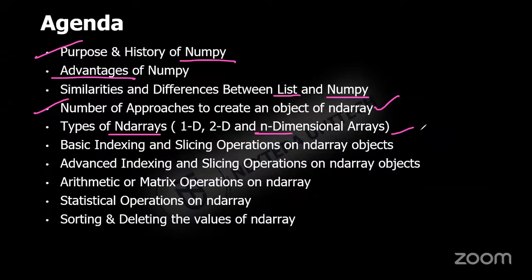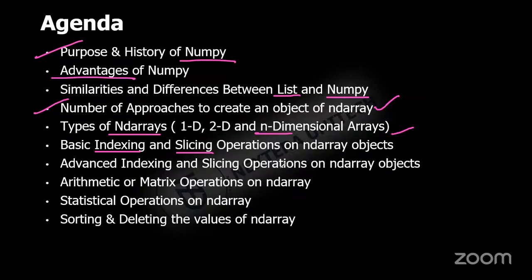But as part of NumPy, we are also going to understand indexing and slicing operations on NDarray objects. How indexing and slicing can be performed? It is similar to list, but not exactly list. Then we also have advanced indexing and slicing operations.